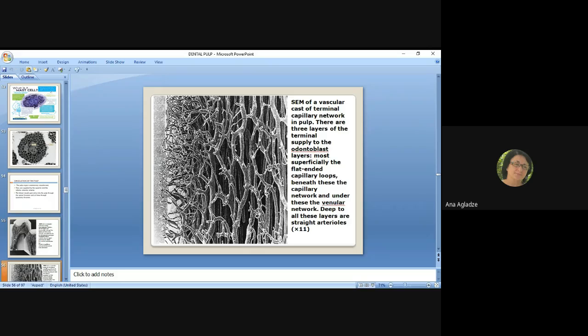This makes it possible to produce a variable blood flow in highly localized regions of the pulp, and inflammation can hence be locally confined without influencing the entire pulp.